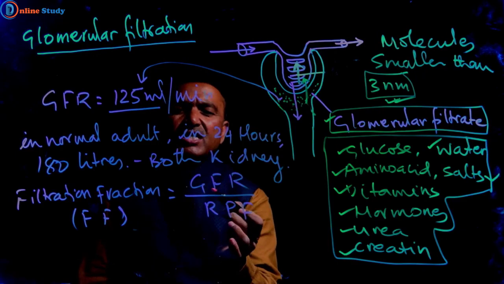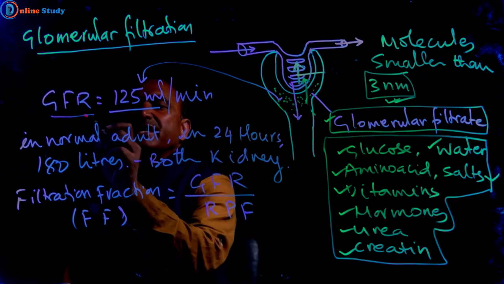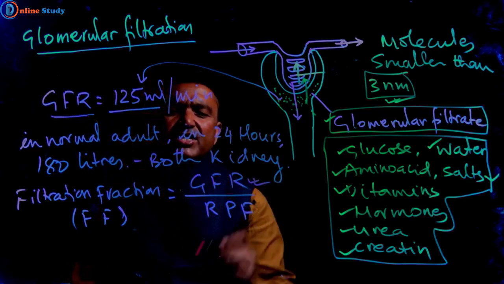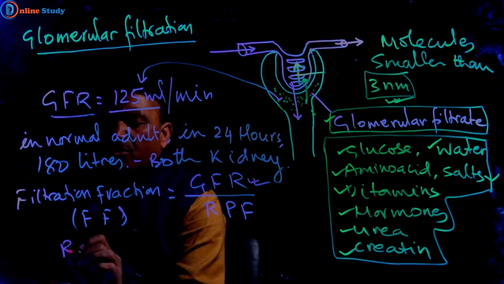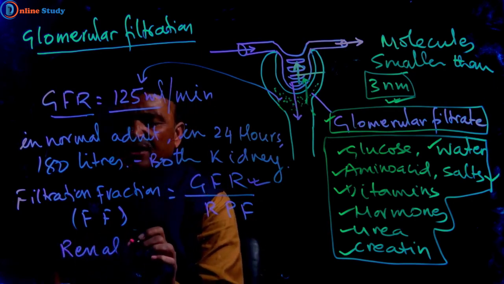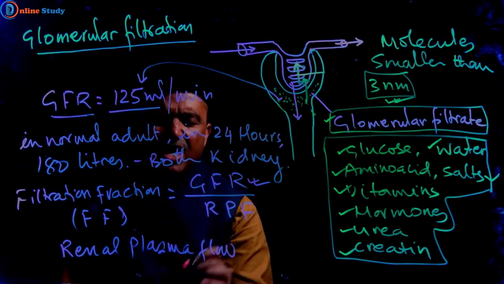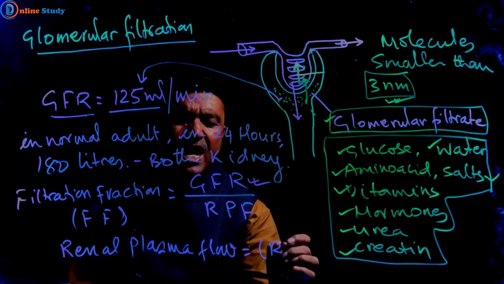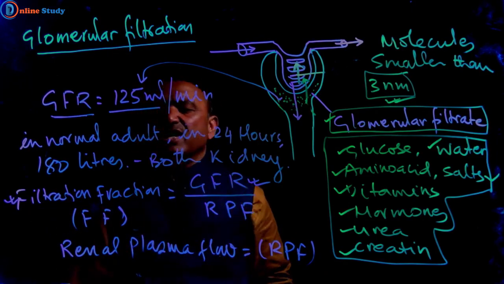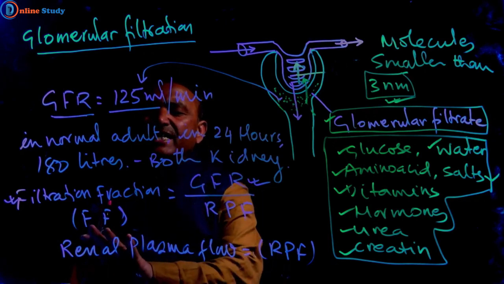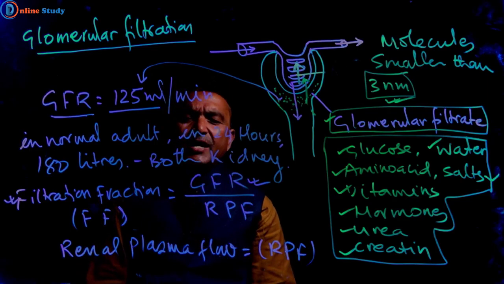RPF means renal plasma flow. And this ratio is known as filtration fraction, or FF. So you can write FF is the ratio of GFR and RPF.